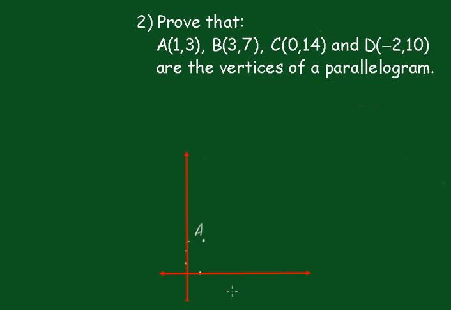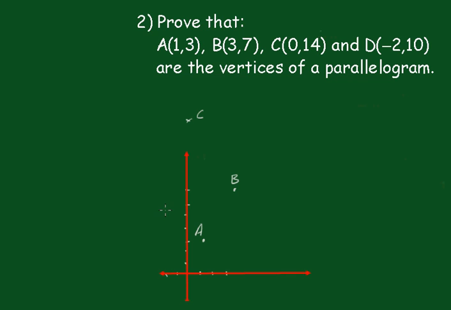Then the point B, 3, 7, it's about there. C is 0, 14, oh, we're up here somewhere, or out there somewhere. And we've got the other point D, which is minus 2, 10.